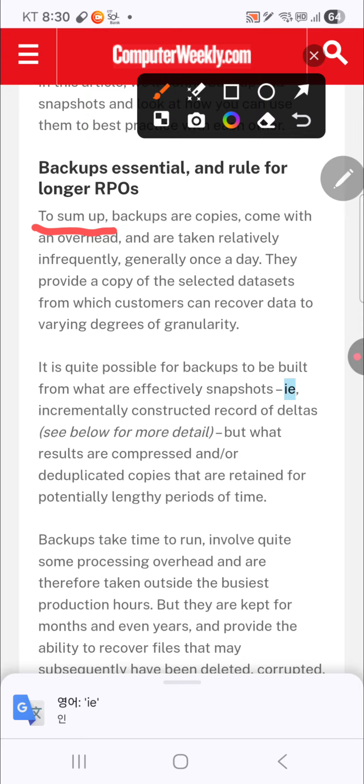It's quite possible for backups to be split from what are effectively snapshots, that is, an incrementally constructed record of deltas. But what results are compressed and/or deduplicated copies that are retained for potentially lengthy periods of time.